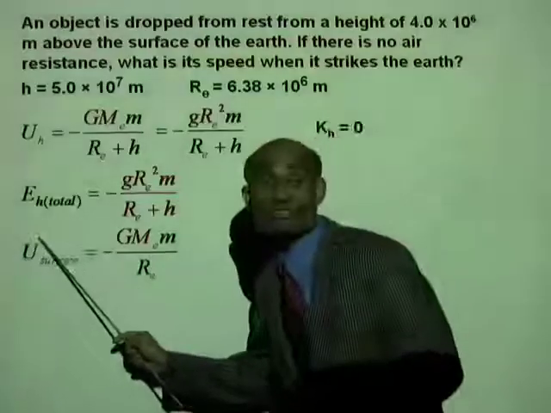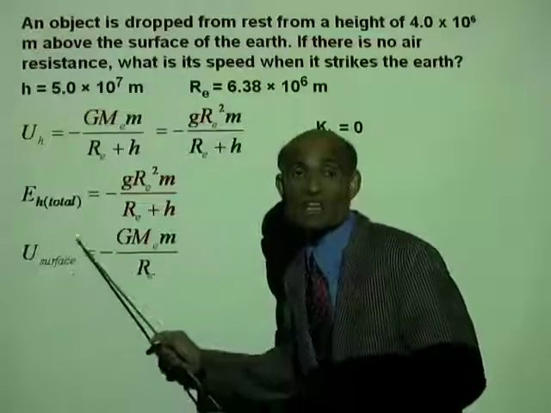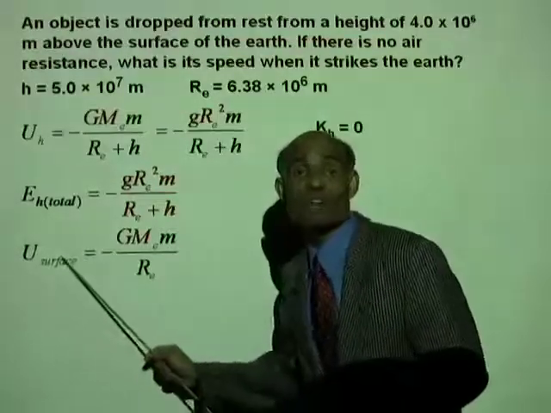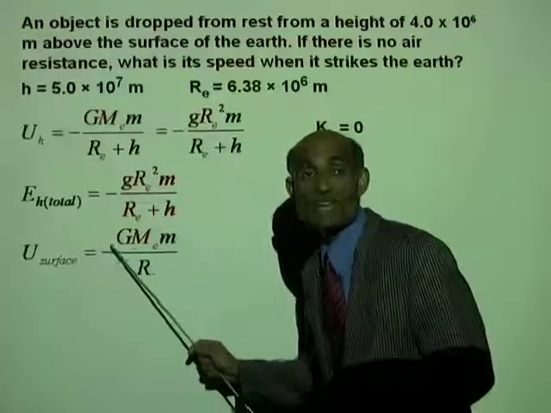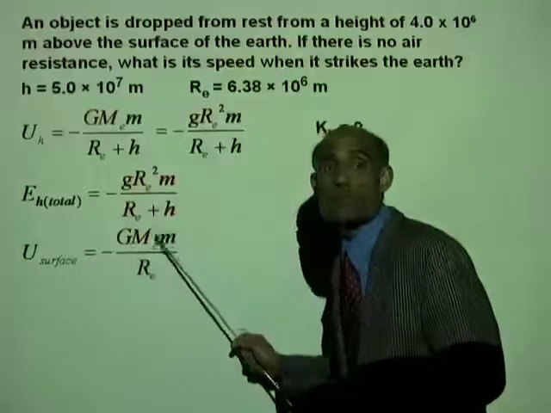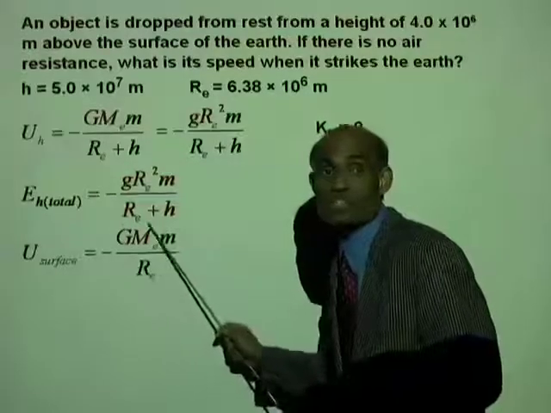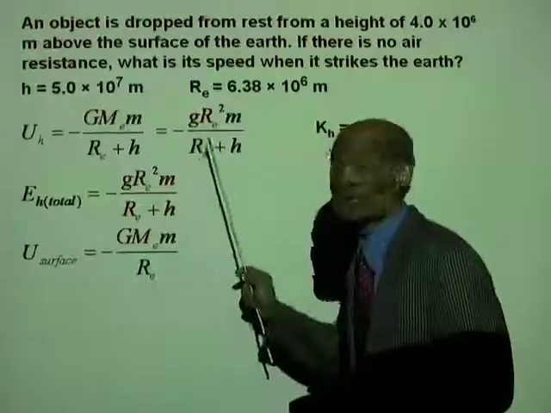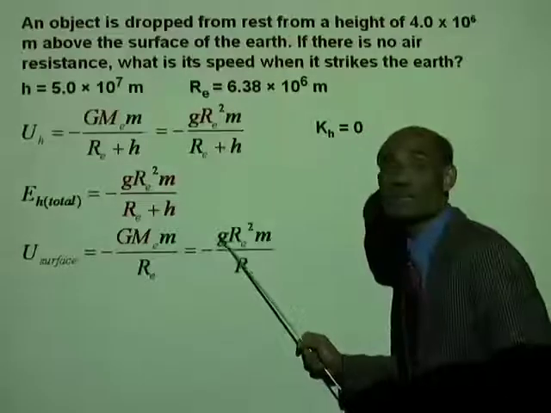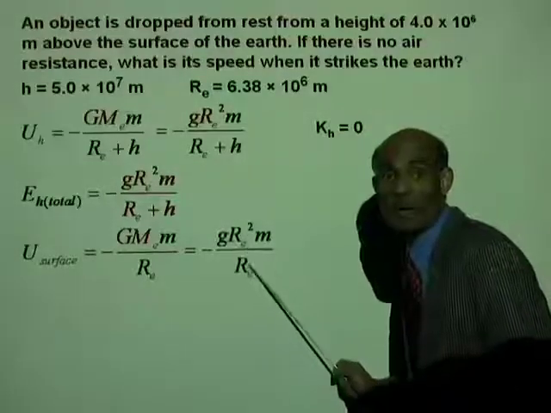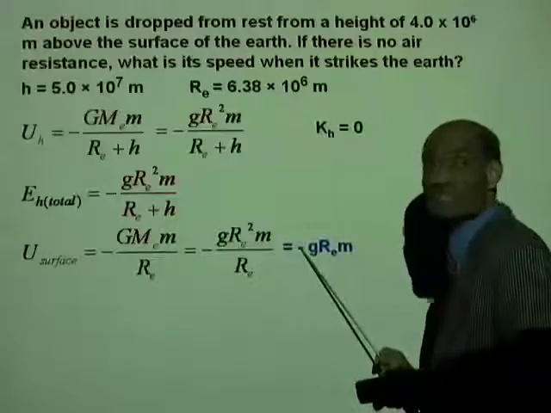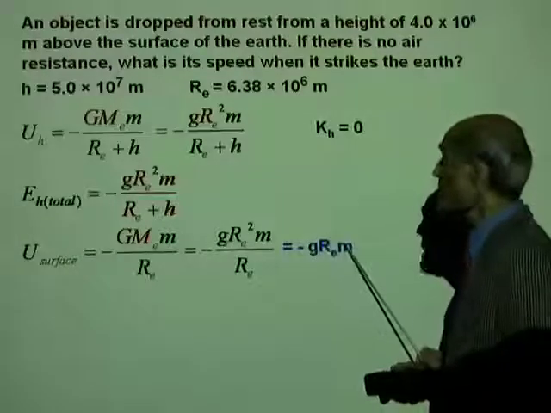Now, when it reaches the surface of the earth, its potential energy on the surface is negative GMEM over RE. And replacing this GME by g RE squared and simplifying, this becomes negative g REM.